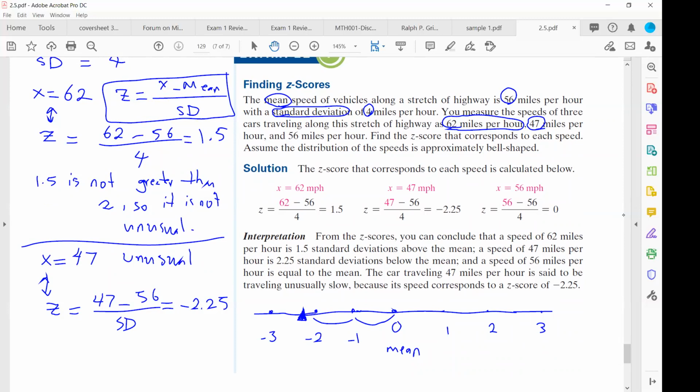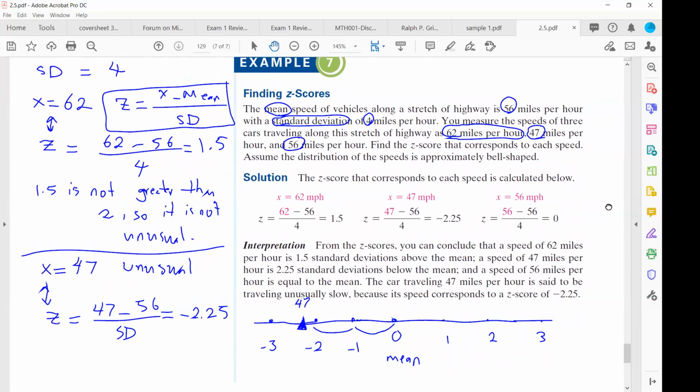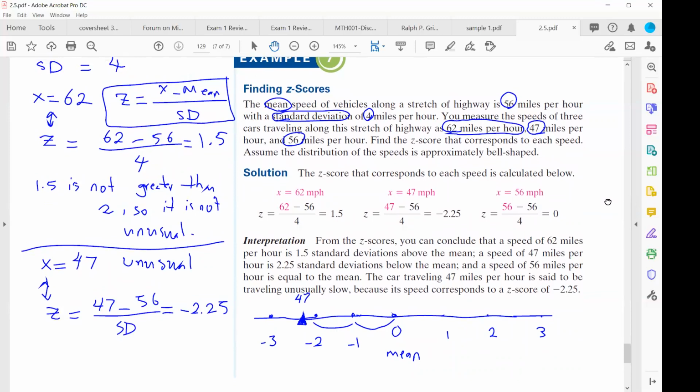And finally, the last one is 56. 56 is the same as my mean. It means that the driver is a good driver, driving the same speed as specified, 56.